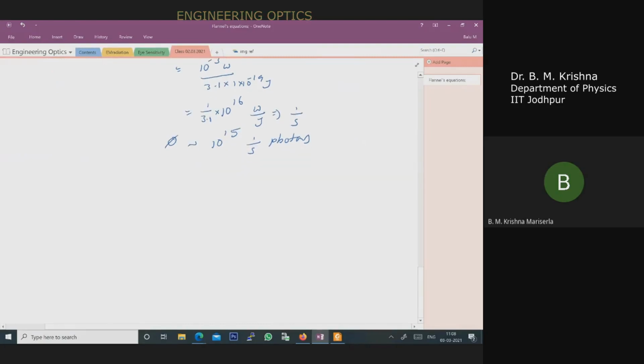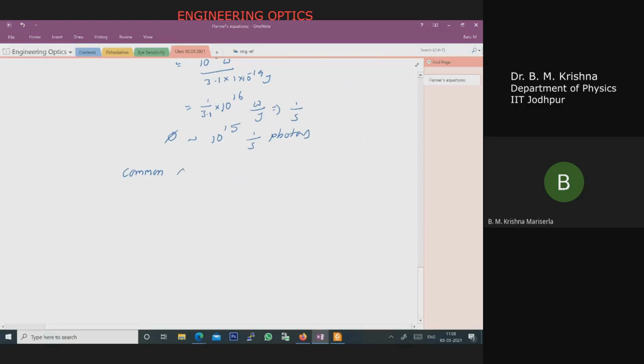So now, for example, if you take different common sources, what are the common sources generally we use in the laboratories? Or common light sources.